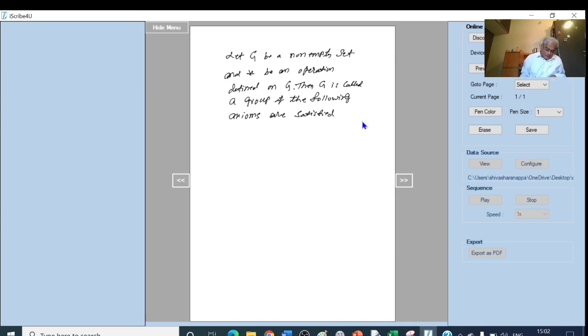What are those axioms? The first axiom is closure law.